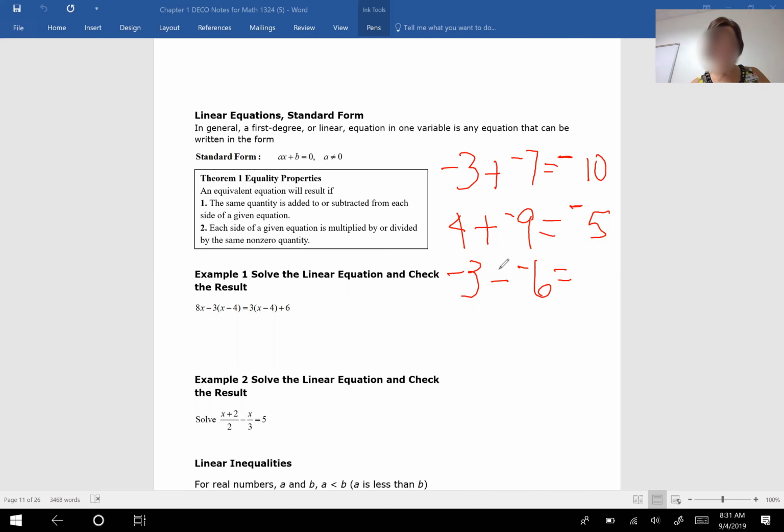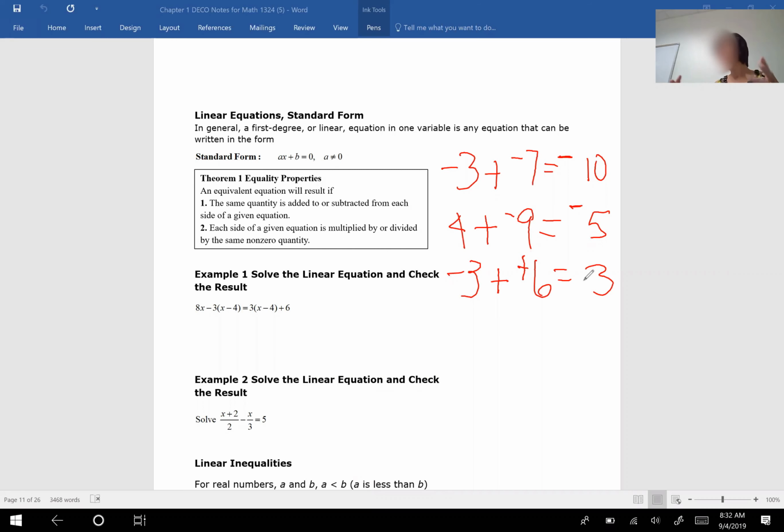So my minus sign becomes plus, but this negative sign becomes positive. And now I'm adding a -3 plus a +6, which is how much? A -3 plus a +6 is a +3, because the signs are different. So I subtract the two numbers and my answer takes the sign of the larger number.